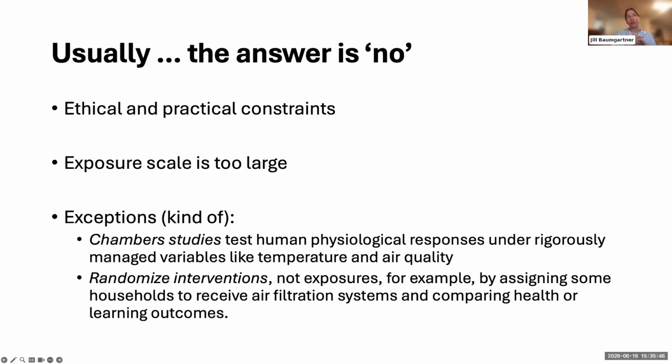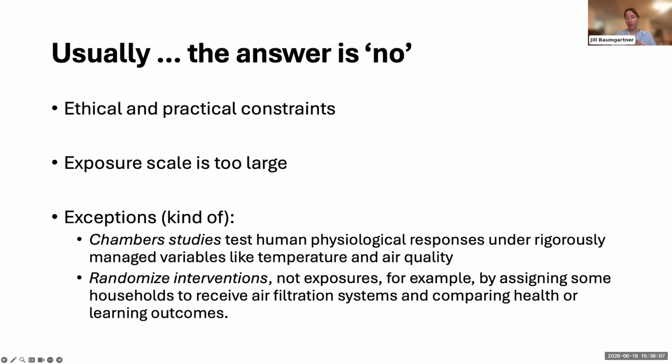So I think usually the answer to this is no, right? As many of you were pointing out, it's not ethical or really feasible in a lot of ways to randomly expose people to harmful environmental conditions like air pollution, right?